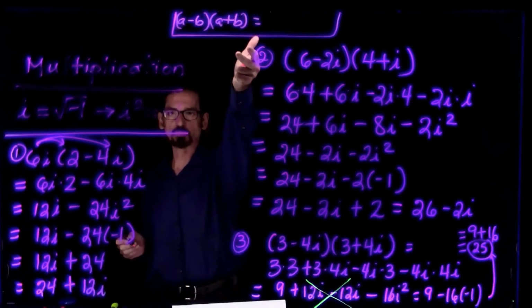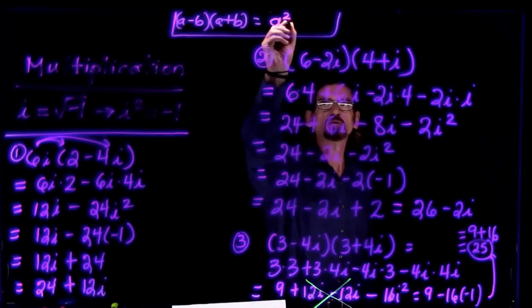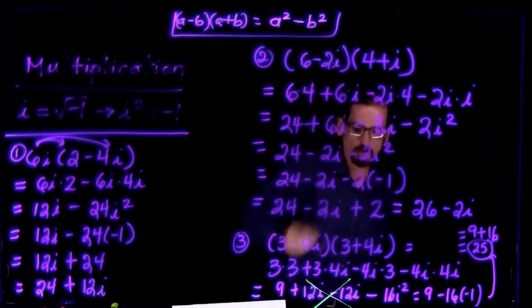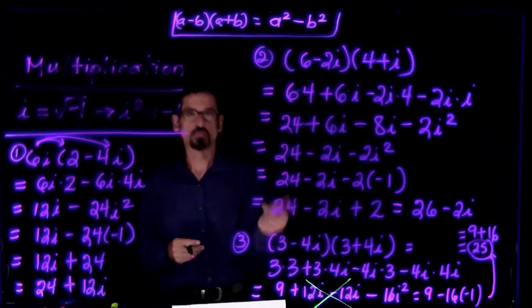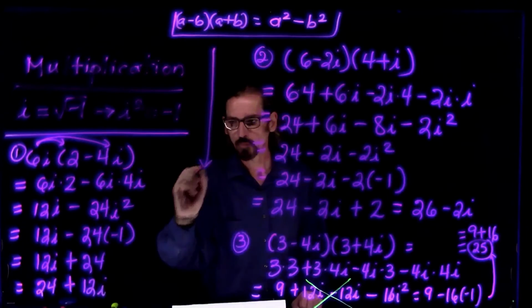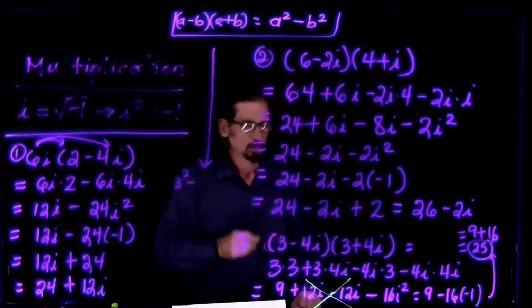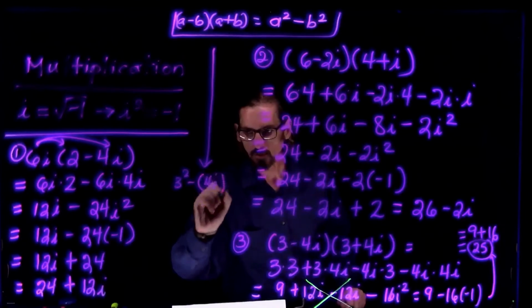We could have the quantity a plus b times the quantity a minus b. That's going to equal a squared minus b squared. So we could have simply taken 3 squared minus 4i, all of that squared.